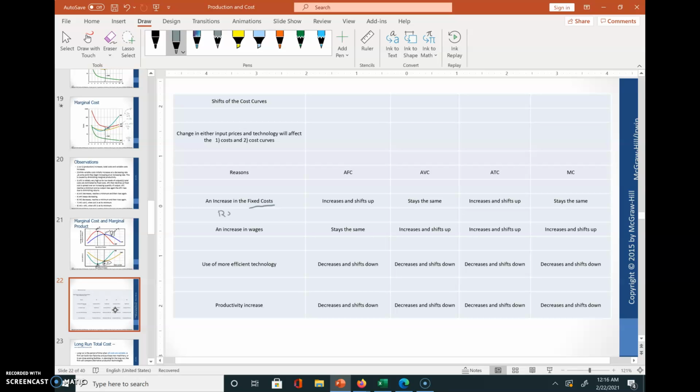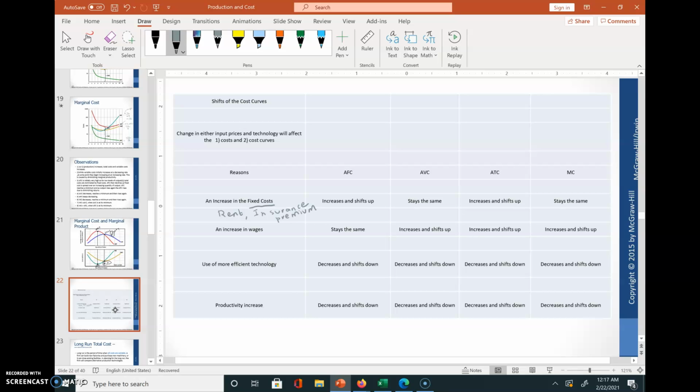Examples can be the rent, or probably the cost of fixing the machinery, probably the insurance premium. All of these are examples of fixed cost.